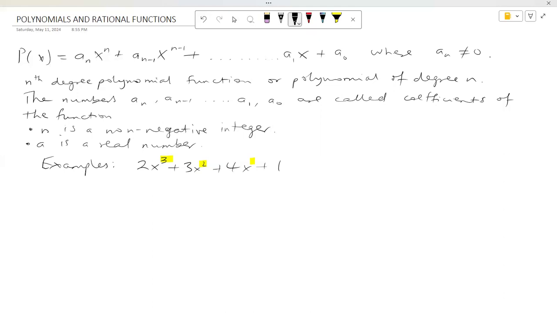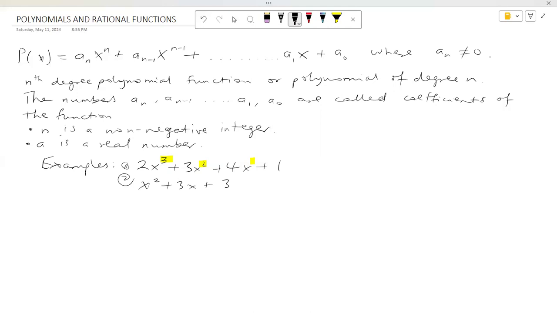Another example will be x squared plus 3x plus 3. This is also a polynomial, right?